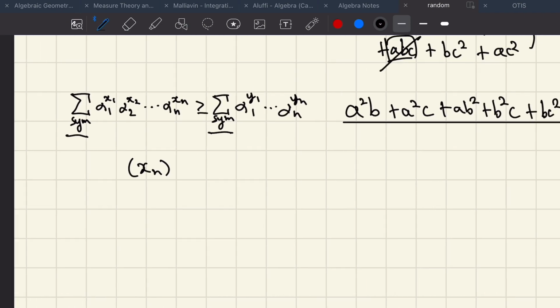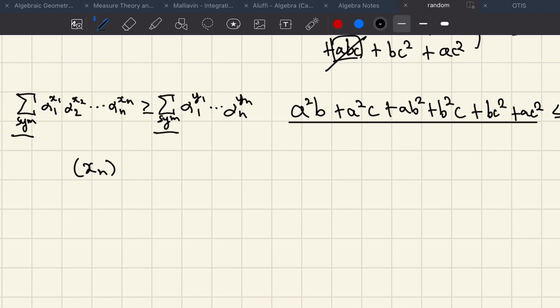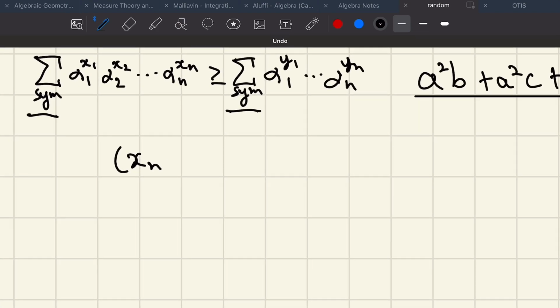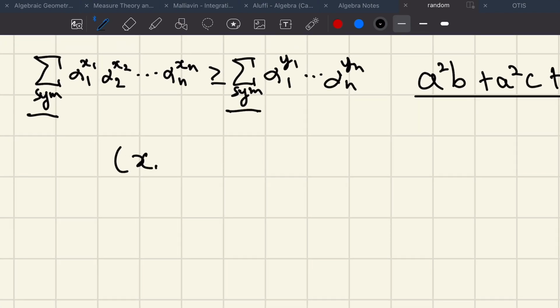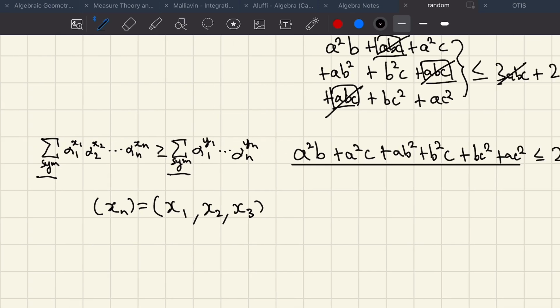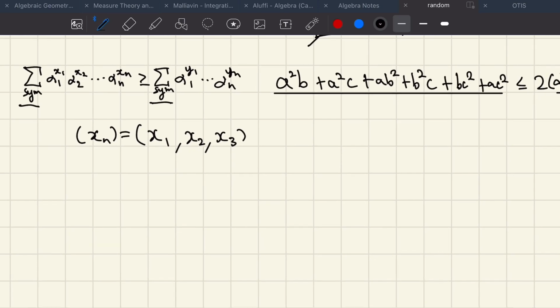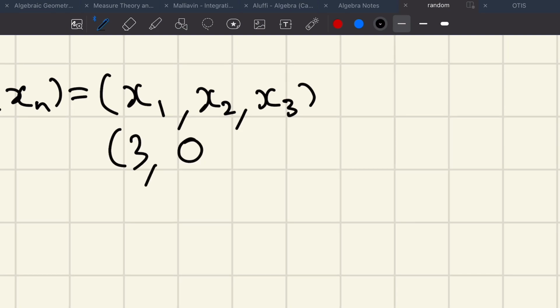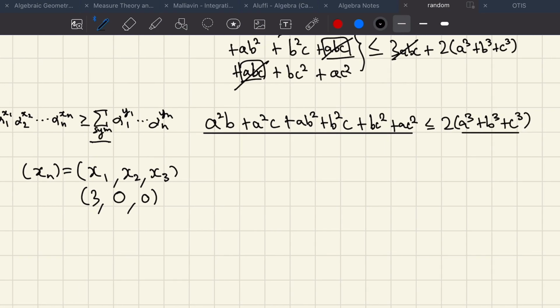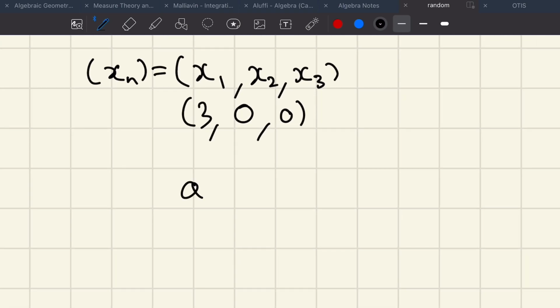And since there are three terms, A, B, and C, we will have three alphas, alpha 1, alpha 2, alpha 3, and thus we should choose a sequence x_n where we have x1, x2, x3. But then a natural choice for that would be 3, 0, 0, because taking the symmetric sum, we get A cubed plus A cubed plus B cubed plus B cubed plus C cubed plus C cubed.